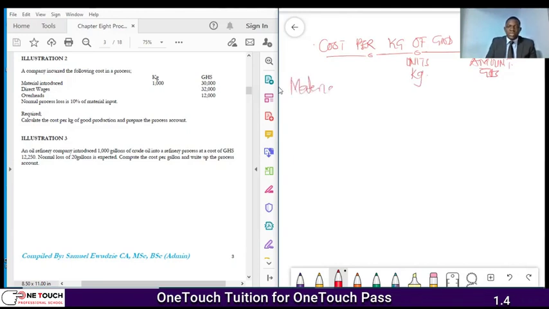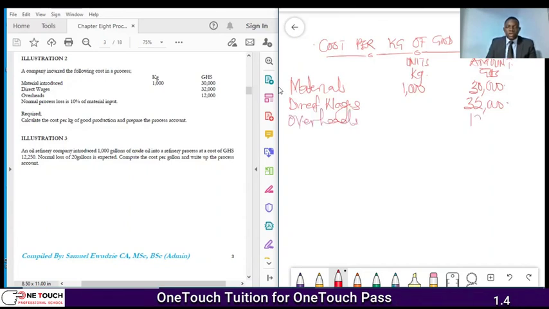How many inputs was there? 1,000, at a cost of 30,000. Then we add direct wages, which is also 32,000. Then we have our overheads.